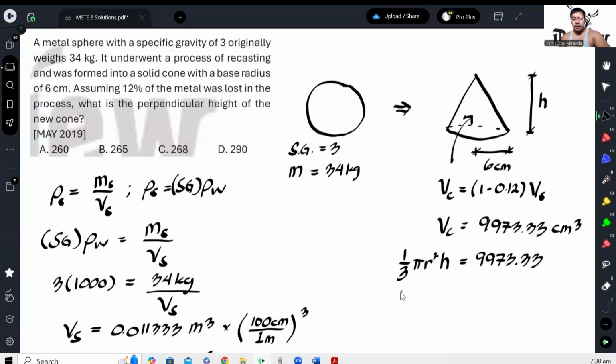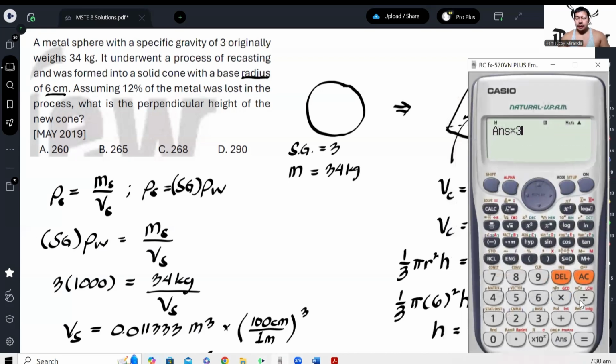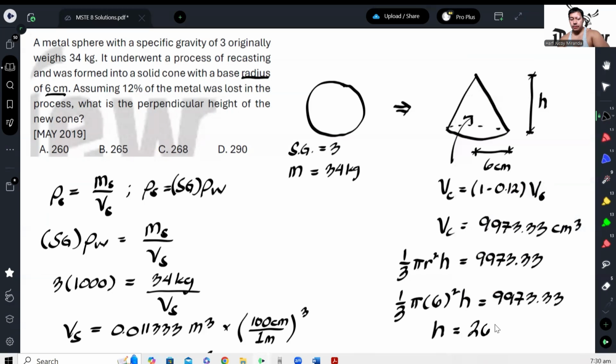Okay, and if you plug in yung value ng radius, which is 6, tama, no? Ang binigay ay radius. Ayan. So, be careful na minsan kasi diameter. So, para lang sigurado. So, dito, we should be able to calculate the altitude. Times 3 over pi over 6 squared, and that should give us 264.55 centimeters.